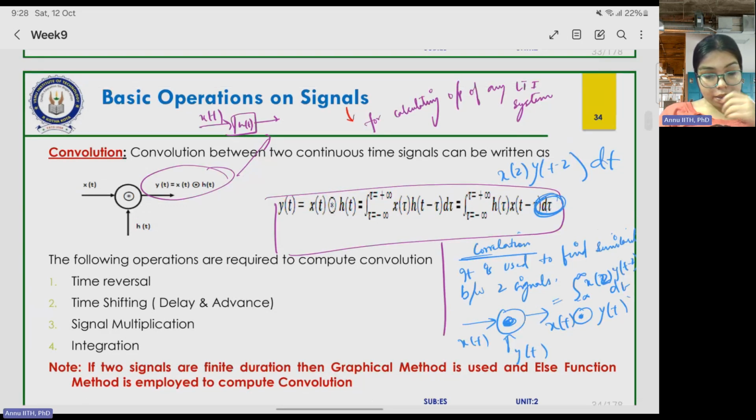You remember time reversal, time shifting, signal multiplication, integration.